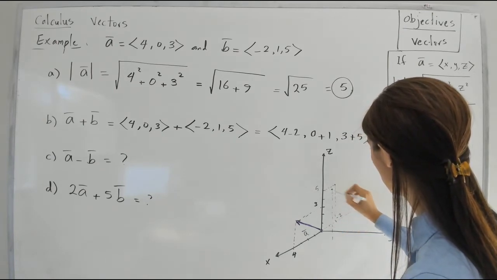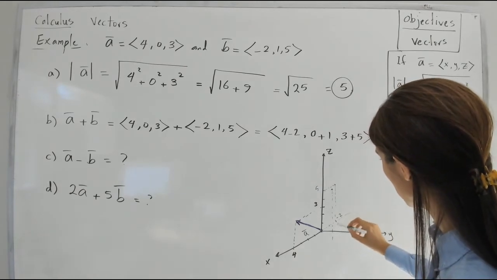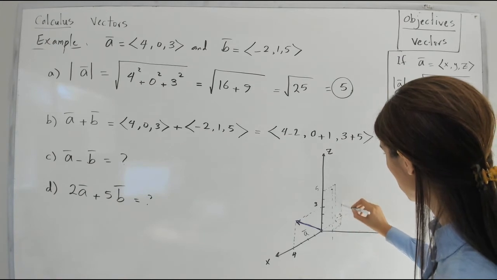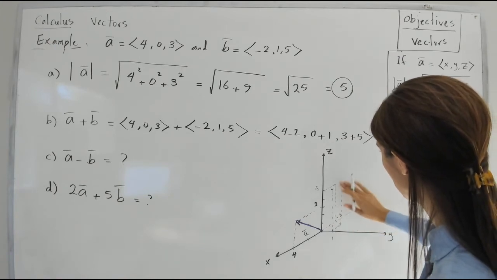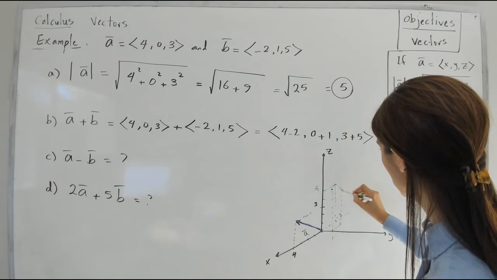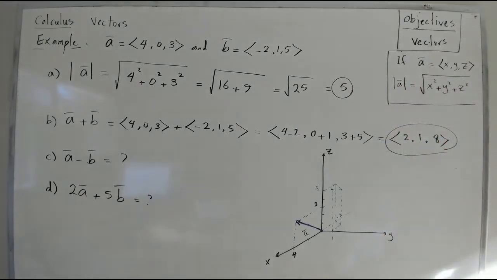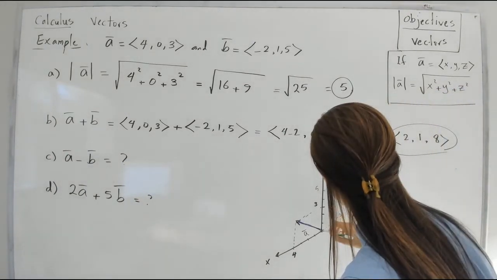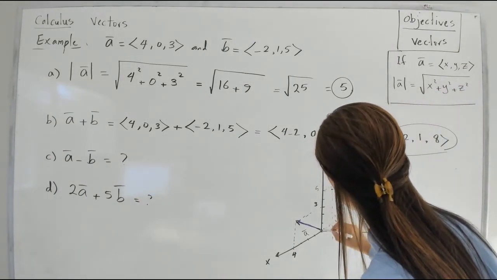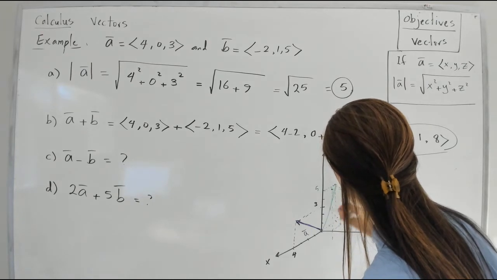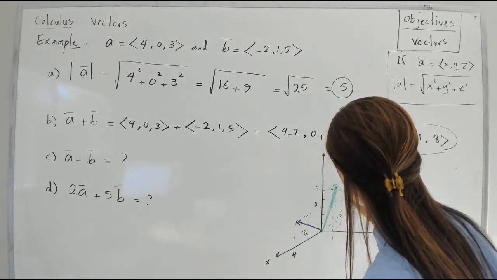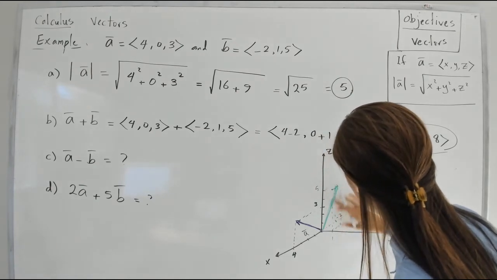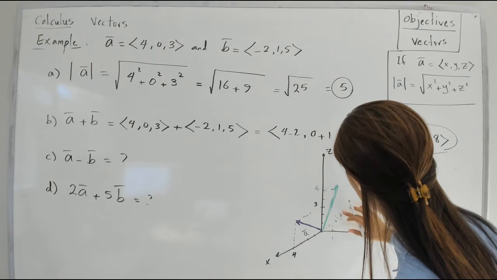One up to 5. And then here, if we connect these two together, this guy goes up to 5 here. 2, 1, and 5. There we go.